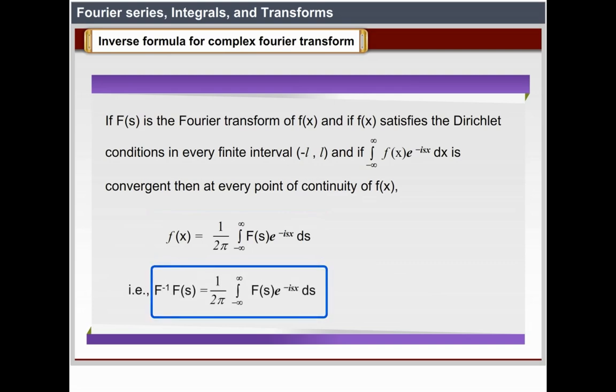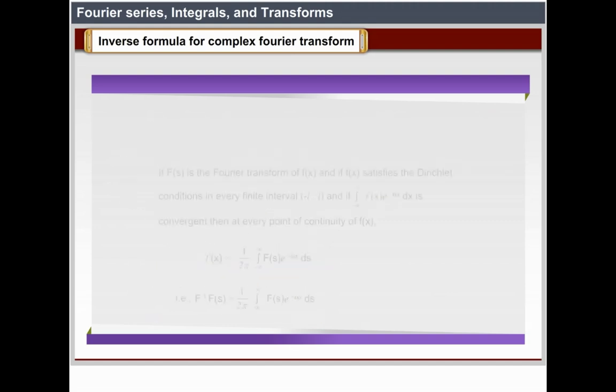That is, F⁻¹{F(s)} = 1/2π ∫ from −∞ to +∞ F(s) e^(−isx) ds.